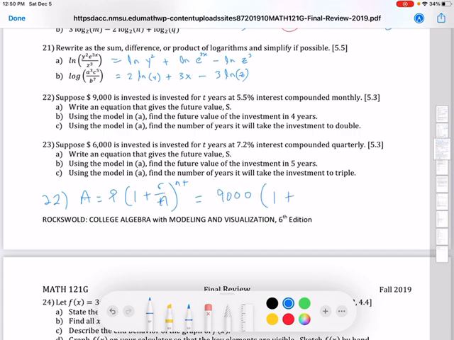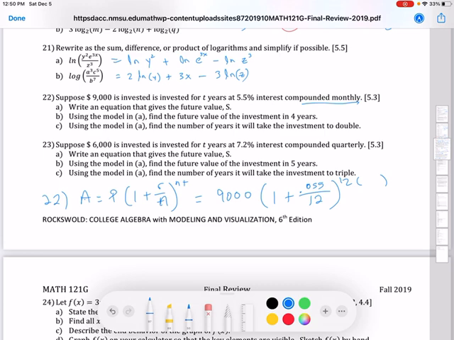The rate is 5.5%, as a decimal though, it would be 0.055. You move the decimal twice to the left. Divided by the number of times compounded in a year. In this case, it says monthly, so there's 12 months in a year. Put a 12 there. And for n, you put 12, and then for t, how many years?